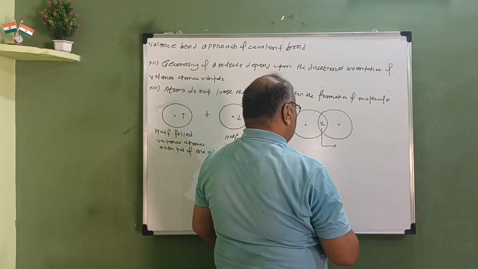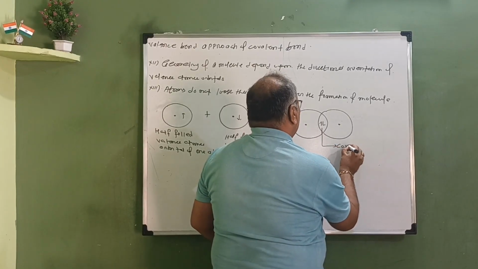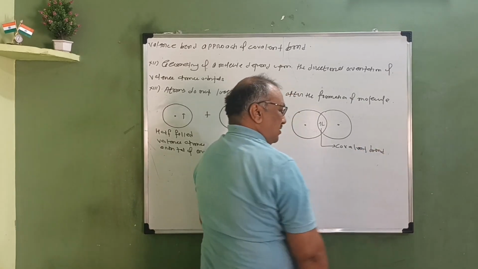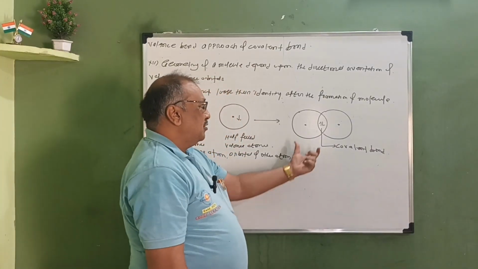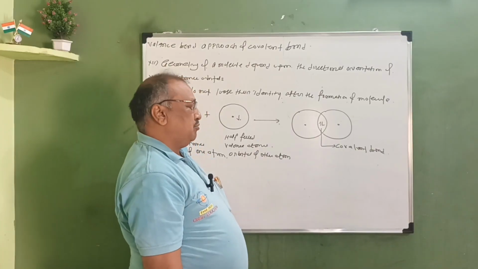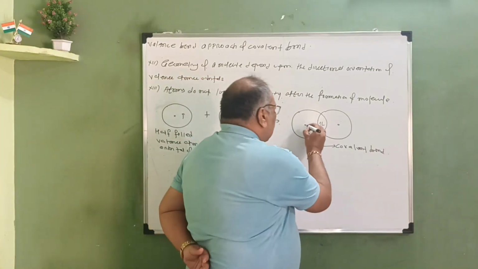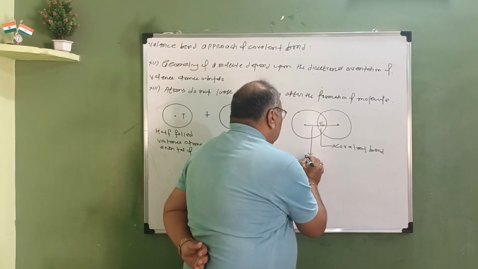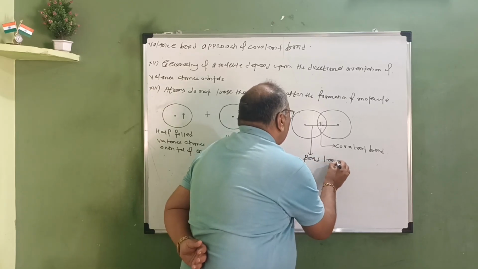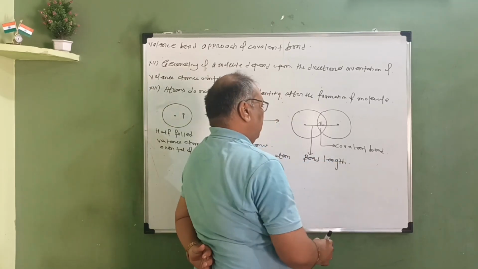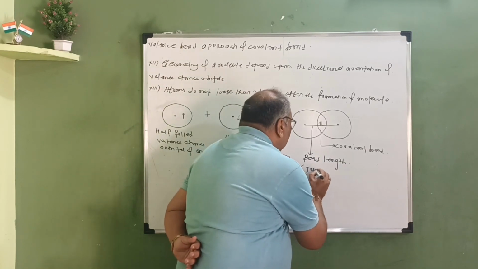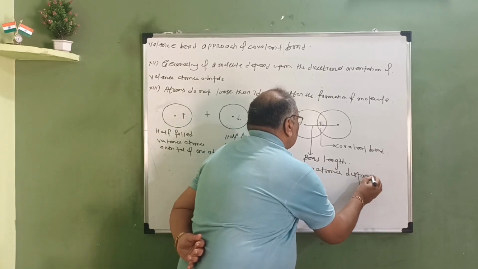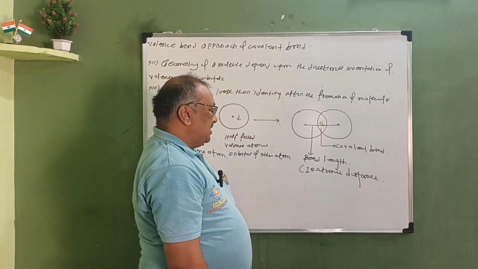This is the overlapping region, and the bond which is formed here is nothing but the covalent bond. That means here the force of attraction balances the force of repulsion, and this distance between two nuclei is also called bond length, or interatomic distance.